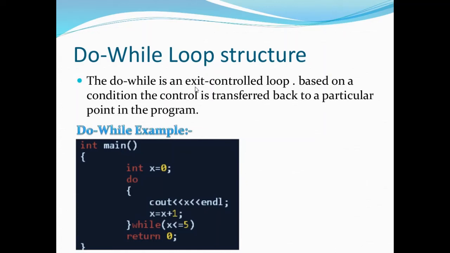Example for a do while loop structure: int main, x equals 0, do cout x and endl, x equals x plus 1, while x is less than or equal to 5. The statements written in these two braces will be executed until x is greater than 5.